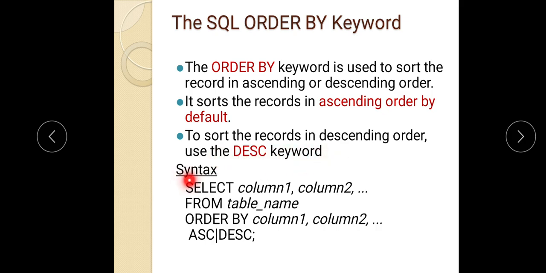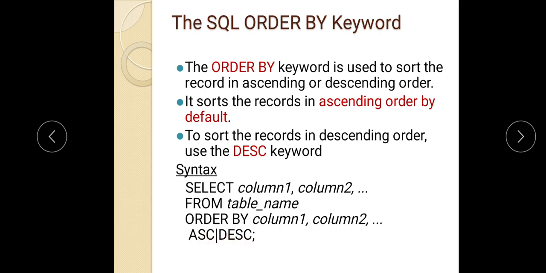So this is the syntax: select column 1, column 2 from table name, order by. We have to select the particular columns, and the column by which we have to order has to be represented here: order by column 1, column 2, etc. In which way we have to order, ascending or descending, we have to represent here.